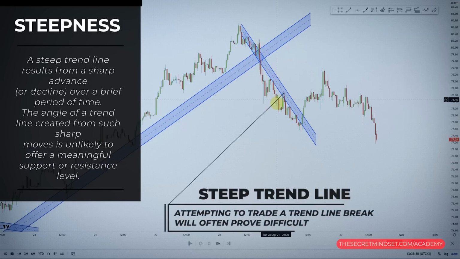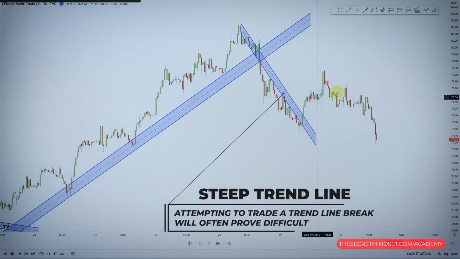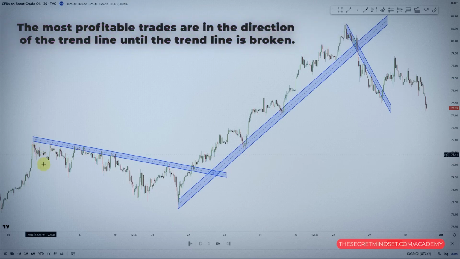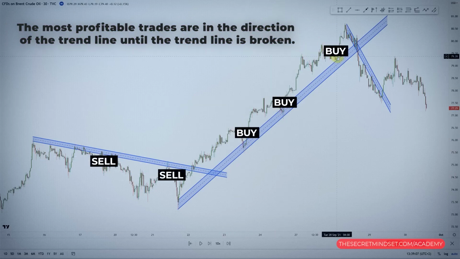Even if the trend line is formed with many valid points, attempting to trade a trend line breakout will often prove difficult. Once a trend has been established by a series of trending highs and lows, the most profitable trades are in the direction of the trend line until the trend line is broken.